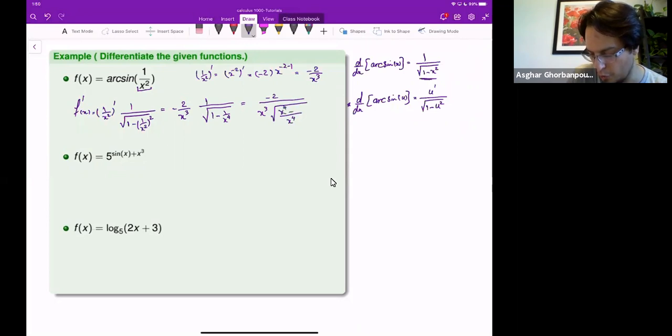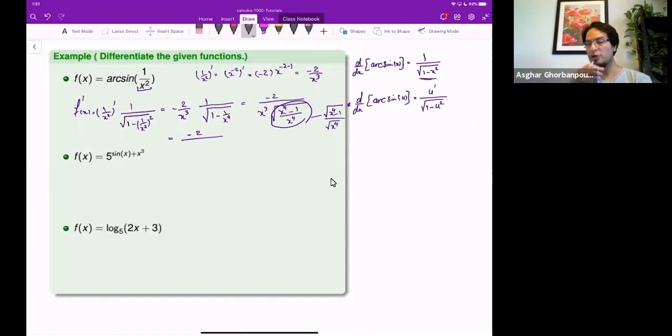I just want to show you that you have to be able to do all the computations and all the simplifications if it is needed. Minus 2 here. I can separate numerator and denominator and write it as 1 over x cubed times root of x to the 4 minus 1 over root x to the 4. Root x to the 4 is the absolute value of x squared, but x squared is always positive, so I can write that one as this.